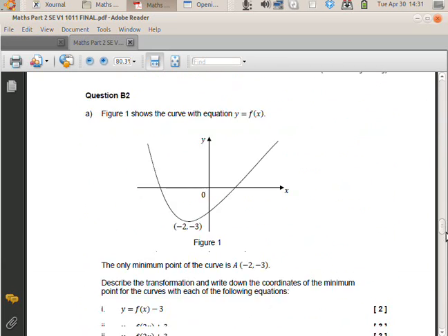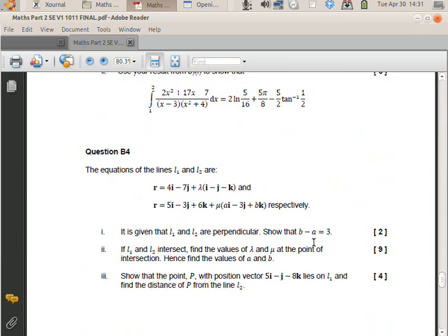In the question here it's I and J, but in the marking scheme they have this one as the K, which means there's either a typing mistake in the exam or the marking scheme. Of course the student can only answer what they're given, so in this situation the marking scheme is not right, and if you did it using this information you'd still get full marks. So you can't use the marking scheme to check if your answer is right for this.